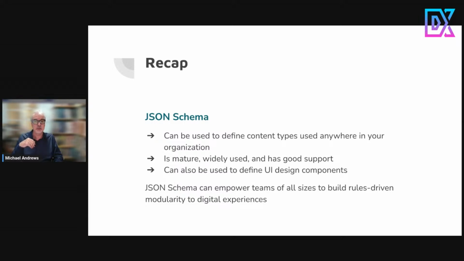It is mature, even if you're not familiar with it. I promise you, a lot of people have been working on it a good long while, and so it has great support and a good ecosystem developing around it. And it can also be used for our design components as well. So this really can empower teams of any size to build rule-based modularity for digital experiences.